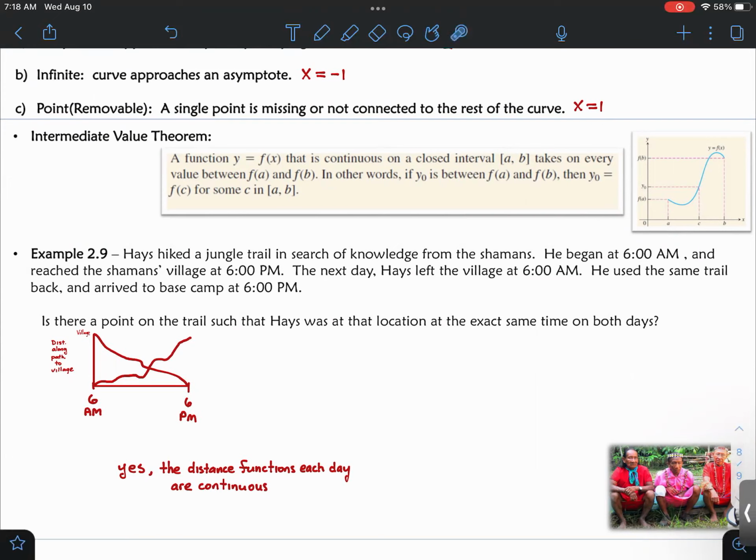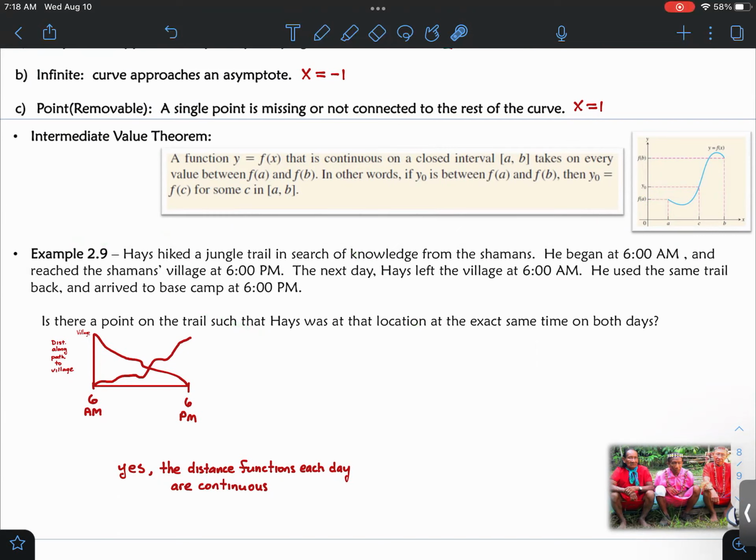This basically says that for any function that's continuous on a certain interval, like here we see a function that stretches from x equals a to x equals b, whatever y value you started at and whatever y value you end at, somewhere within that interval you're going to hit all the y values in between, possibly more than once, but each y value from f of a up to f of b gets traveled through at least one time.